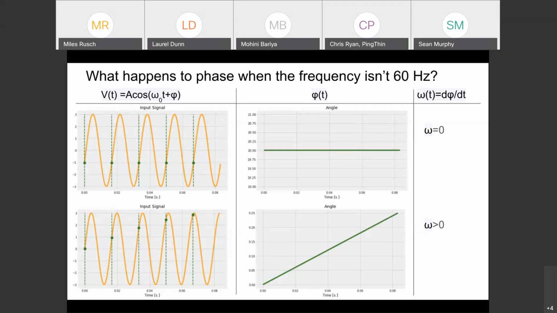And so in that case, when we calculate the derivative of phi of t, we get a constant frequency that is greater than zero, which means that our frequency deviation from 60 hertz is greater than zero. So our actual frequency is slightly larger than 60 hertz.